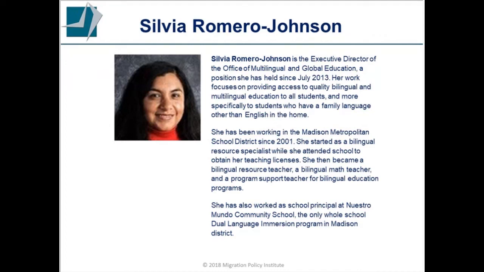As you can see from her bio that's up there on the screen, she has spent most of her career there with the Madison School District, and quite interesting for the evolution, I guess, of her engagement there is the fact that she was the principal at the only whole school dual language immersion program in the district before moving up into this position that gives her more of a purview across the district.